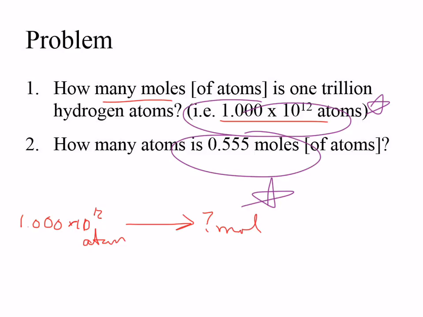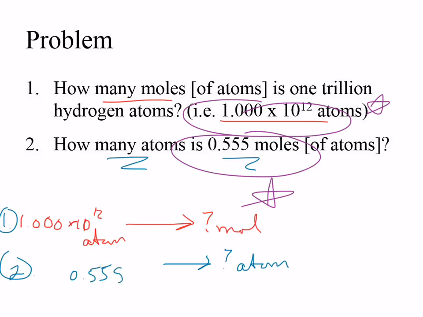So we want atoms to cancel, be left with moles. If you look at the previous slide, hopefully you can see which one we're going to use for that. So that was 1. To diagram 2, it would look like this. How many atoms, so question mark atoms, is 0.555 moles. So that's it.